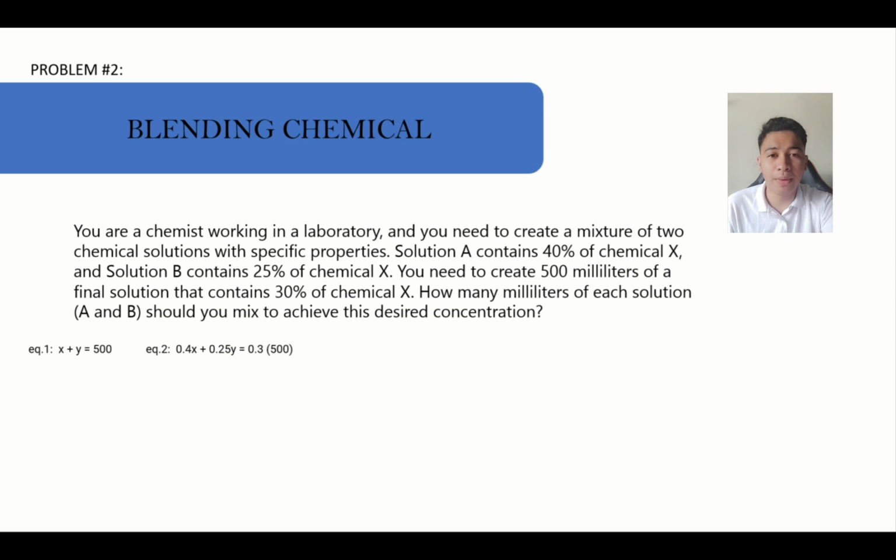Now, we have a system of two equations. X plus Y equals 500, then 0.4X plus 0.25Y equals 0.3 times 500. Equation 2, multiply 0.3 to 500. So we have 0.4X plus 0.25Y equals 150.